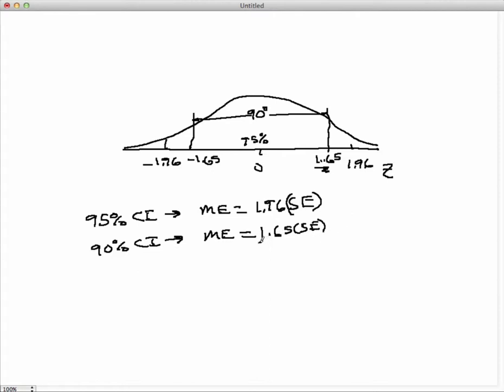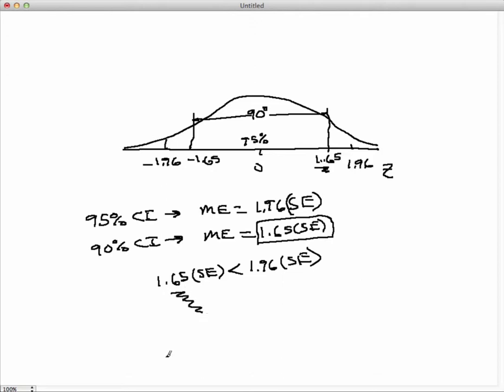So what would that mean about our margin of error? Well, notice that this number right here, the 1.65 standard errors, that's going to be less than 1.96 standard errors. In other words, 1.65 standard errors is what? Well, that's less than 1.96 standard errors. Remember, those are both margins of error, aren't they?